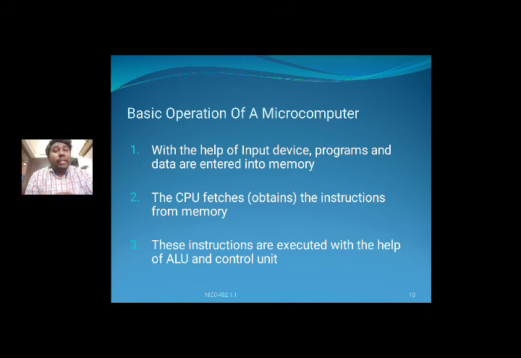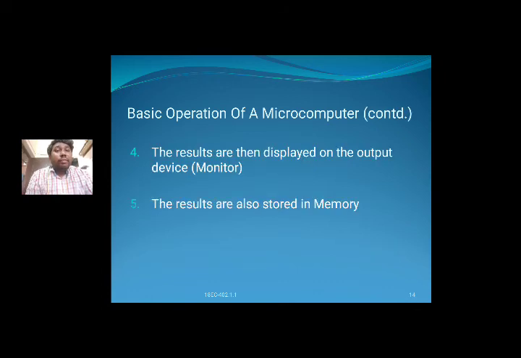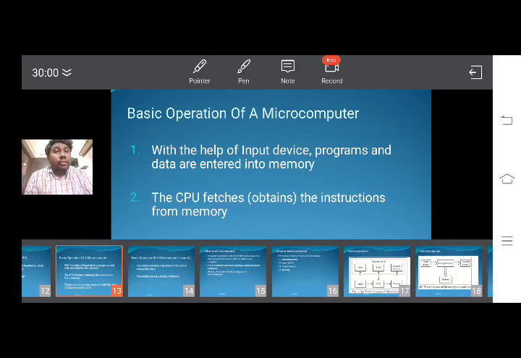The CPU fetches the instructions from the memory. These instructions are executed with the help of ALU and control unit. The results are then displayed on the output device, the monitor. The results are also stored in the memory.